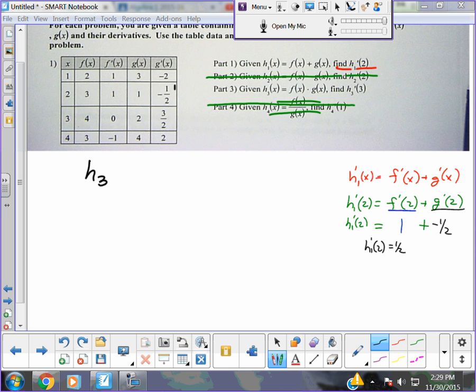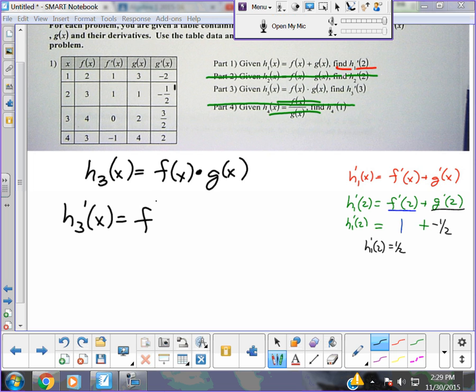Before I can do anything, we have to recognize this is a product rule. I can't write f prime times g prime. We have to say this is our product rule, which is f prime of x, g of x, plus g prime of x, f of x.